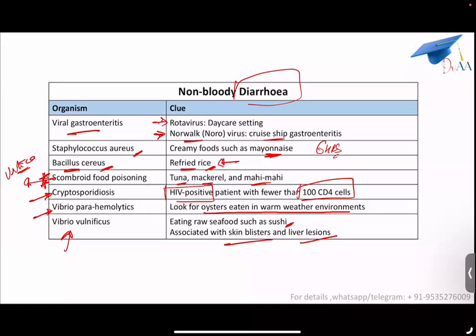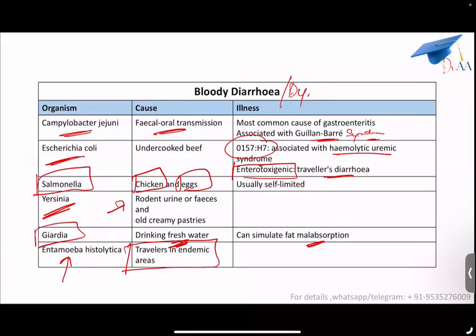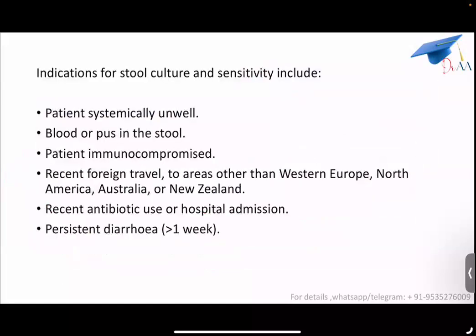If they had sushi, then think it might be Vibrio vulnificus. This again can rarely come in the examination, not very high yield, because most of the time this patient ends up presenting to a GP rather than presenting to an emergency department where they have to wait for hours together.